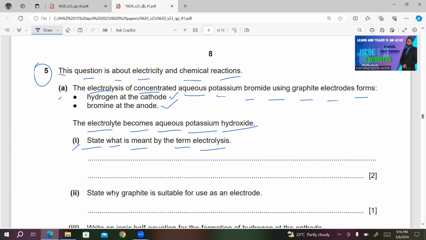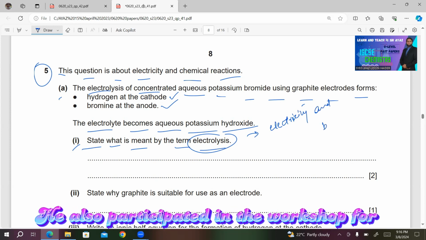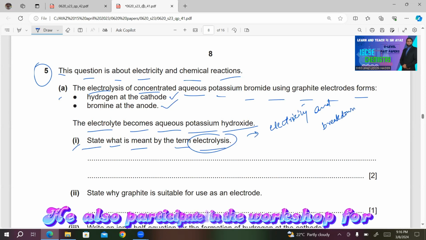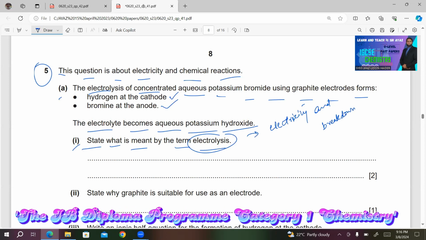Now, the word electrolysis is made up of two terms. Electro means electricity, and lysis means breakdown. So in this process, there's a breakdown of ionic substance in the molten state or aqueous solution through the passage of electricity.